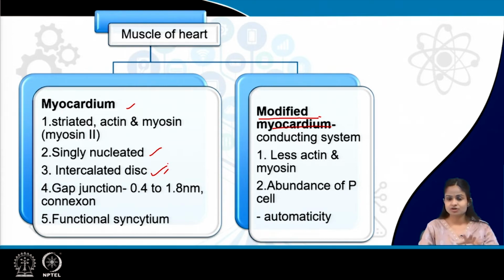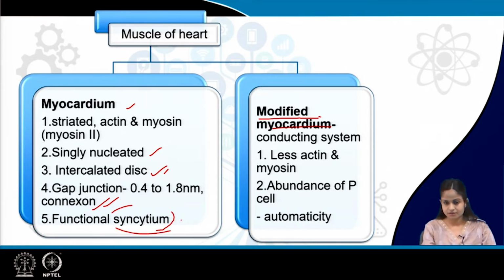The electrical connection is through the gap junctions, that is the electrical window, and these gap junctions are the electrical synapse made up of connexin proteins. Also, we have the mechanical connections through desmosomes, and this helps the cardiac cells to contract as a whole, and hence this is known as the functional syncytium.